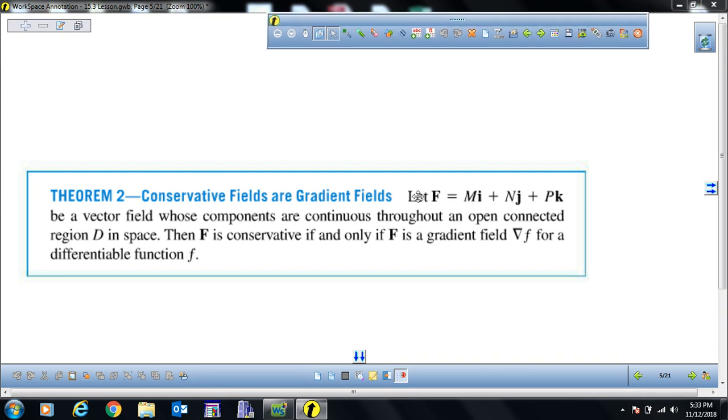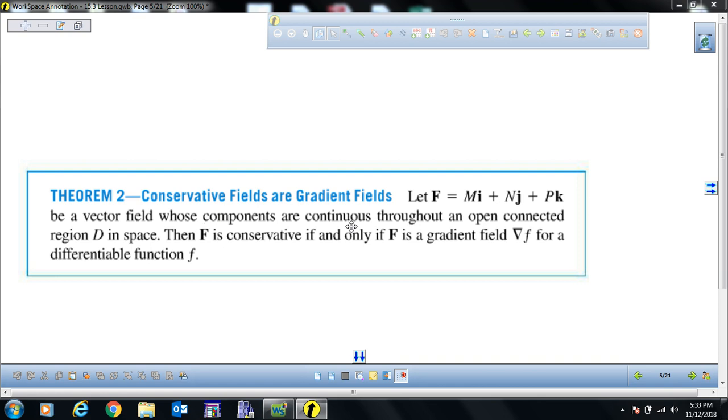Now, let F be some vector field, and we talked about this in the previous section. M is the x component of your field, plus N j, N being the y component of the field, plus P k. Let it be a vector field whose components are continuous through an open connected region.